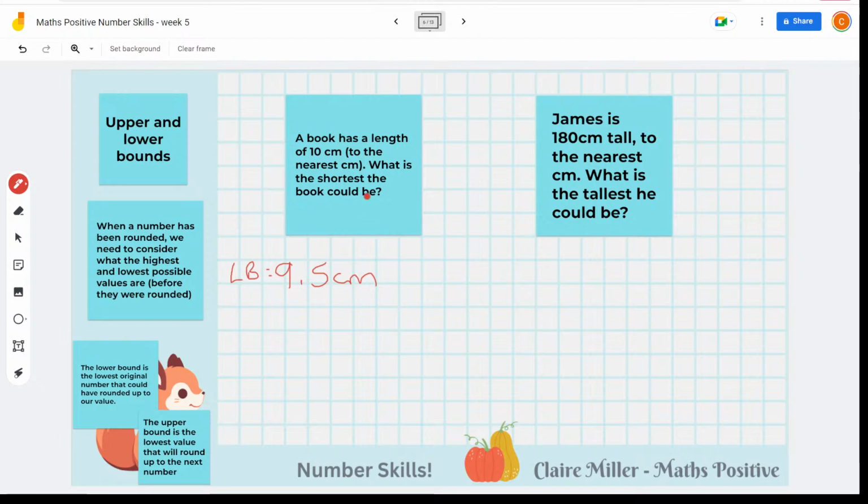So it would have to be a teeny, tiny bit shorter than 10.5 centimetres. And that's the longest that the book could be.